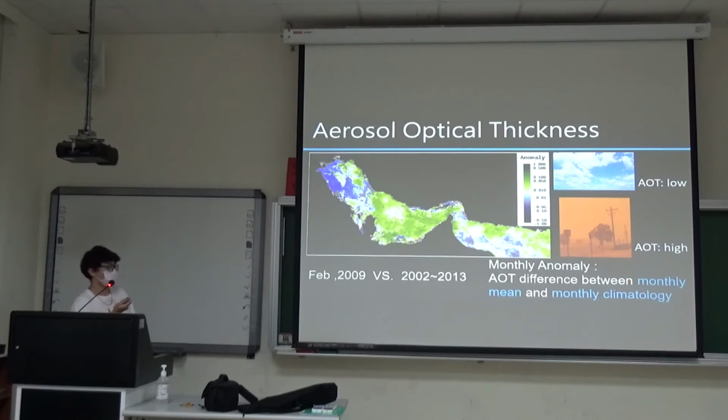We didn't find out the main components of the dust storm, but we can only tell there must have been a lot of dust deposition in the region. So we don't know the component.